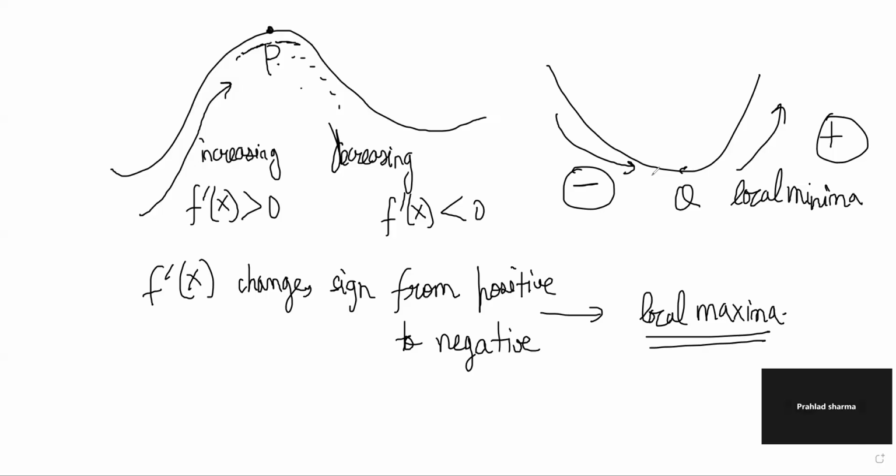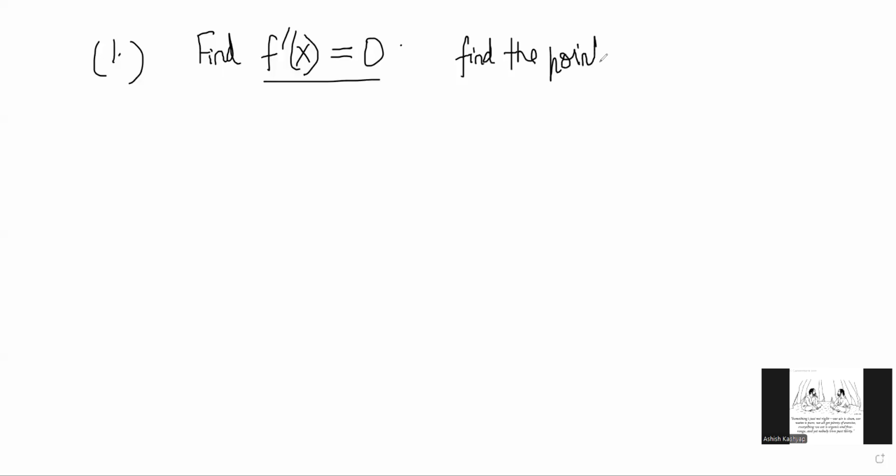So far, we have not used the double derivative test for maxima minima. So basically, there are two ways to test maxima minima. One way is to find f dash x and set it equal to 0. Find the points x equal to alpha, beta. It could be multiple points where the first derivative becomes 0.